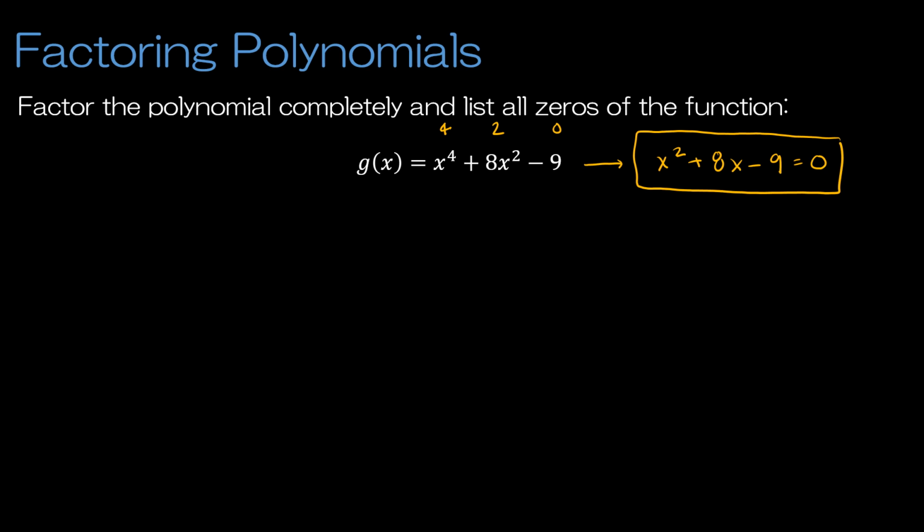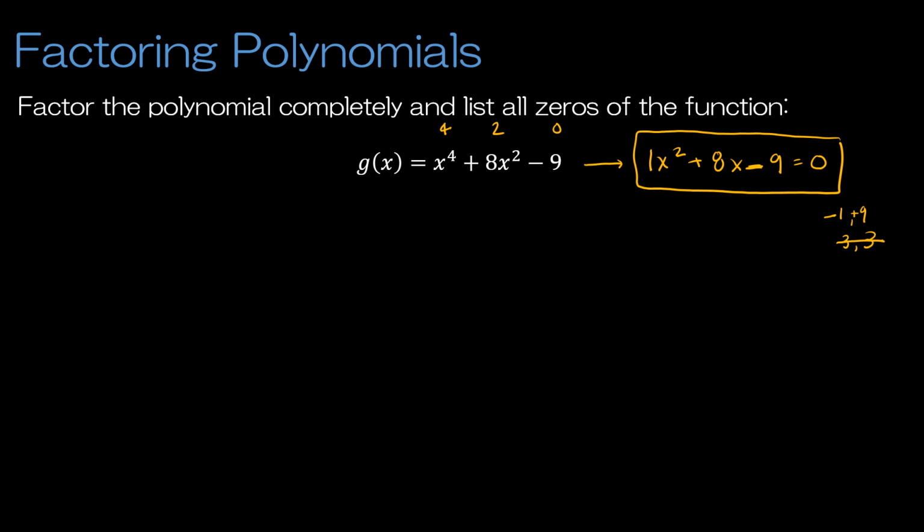I would say, well, a is equal to 1, so that's going to be easy. I'm looking for numbers that multiply to 9, so 1 and 9, 3 and 3. And they need to have a difference of positive 8. So this has a difference of 0. 1 and 9 do have a difference of 8, but I want the difference to be positive 8, so I'm going to use a minus and a plus.